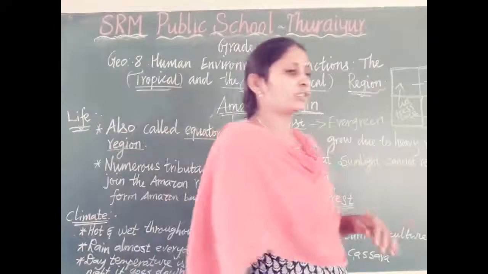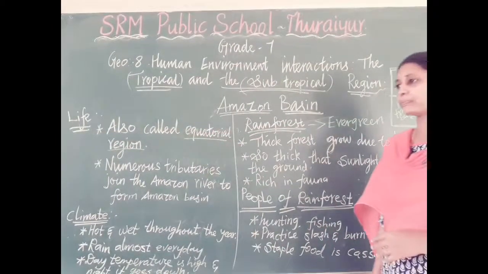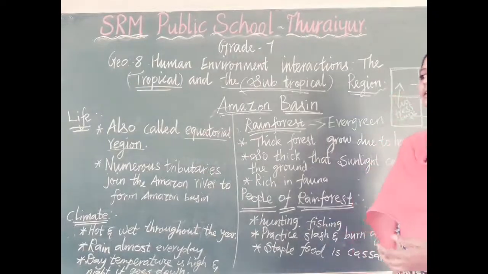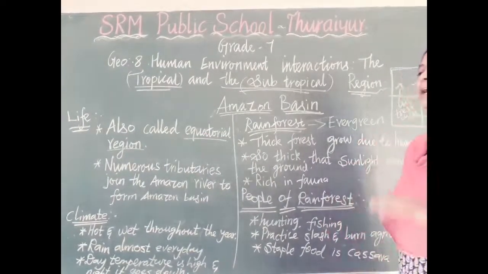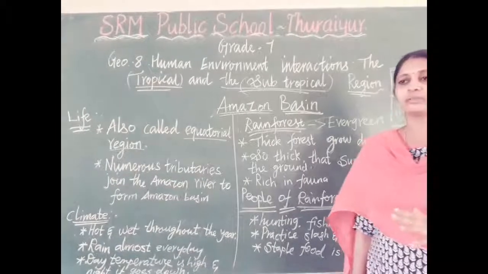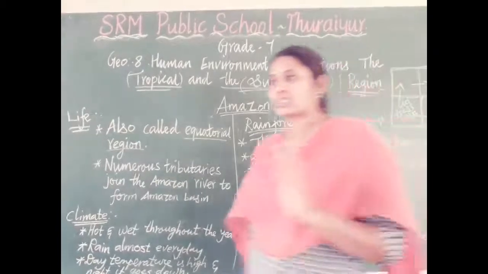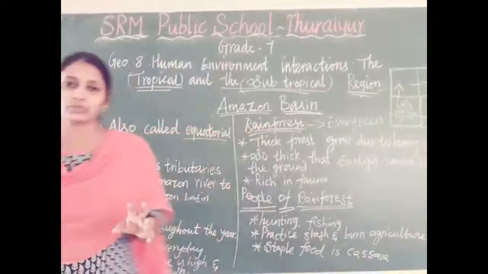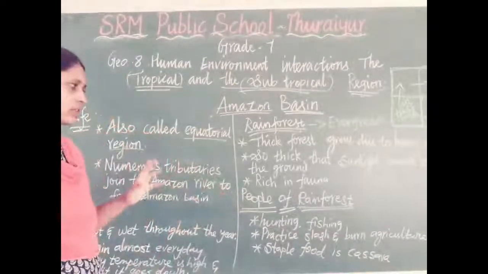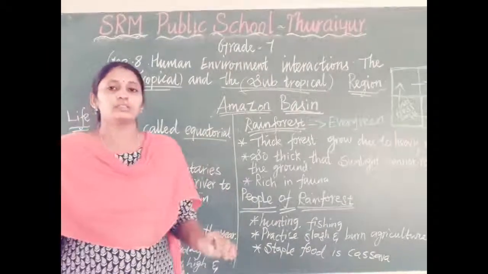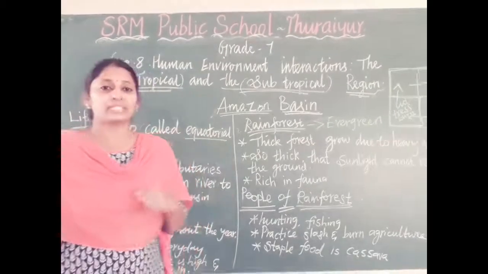For industrialization and many other reasons, the maximum amount of the Amazon basin has been destroyed by human activities. Purposely, human beings have started deforestation in the Amazon forest. Often, every year, the forest is purposely set on fire and the area is occupied by mining people.